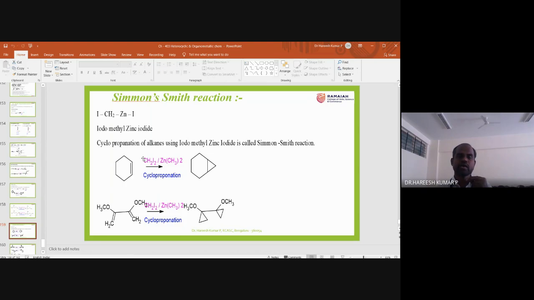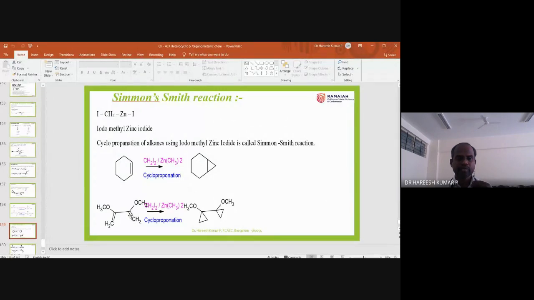Both reagents are useful in the cyclopropanation reaction. Here dimethyl zinc, in the previous name reaction diethyl zinc. So that is the only difference, right? So this double bond is also cyclopropanated.